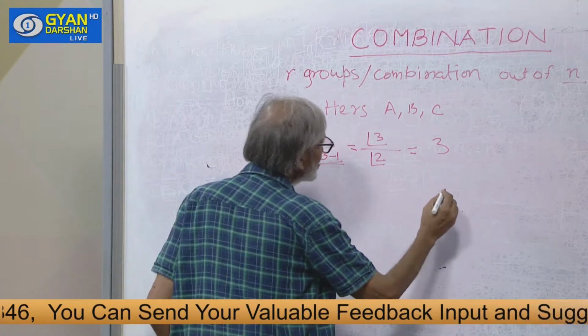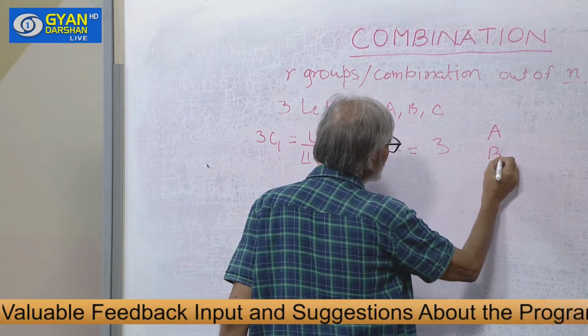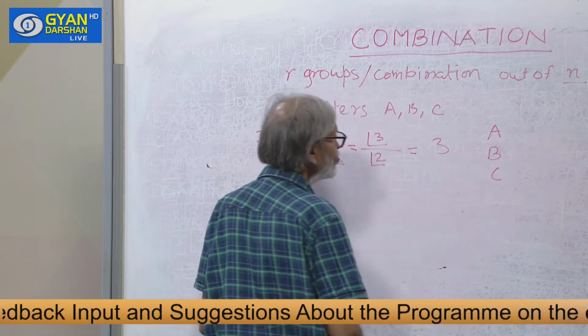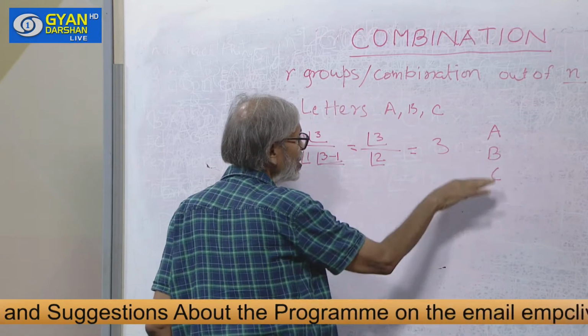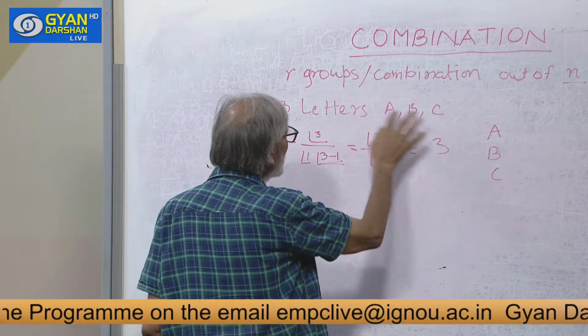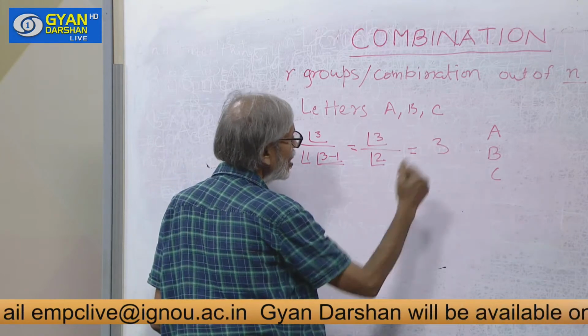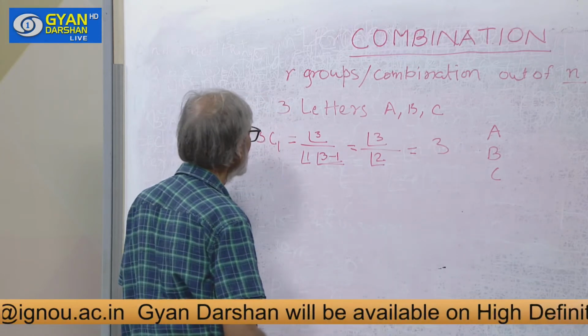Now, what will be these letters? A, B, C. You can choose either A or B or C, because you have to choose one letter out of these 3 letters. So, there are 3 ways you can choose these letters.